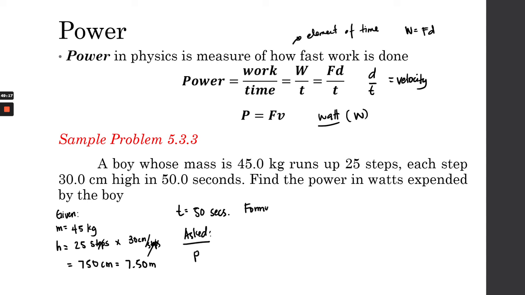The formula that you have to use is P equals Fd, that's basically work divided by time. Solution. So you have power, work divided by time. We know that work, in this case, since you are going up, it's not horizontal, it's vertical.